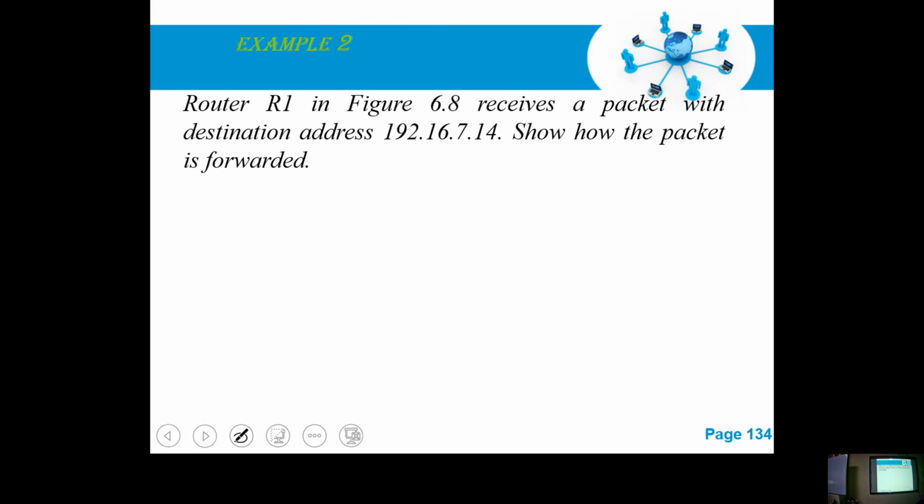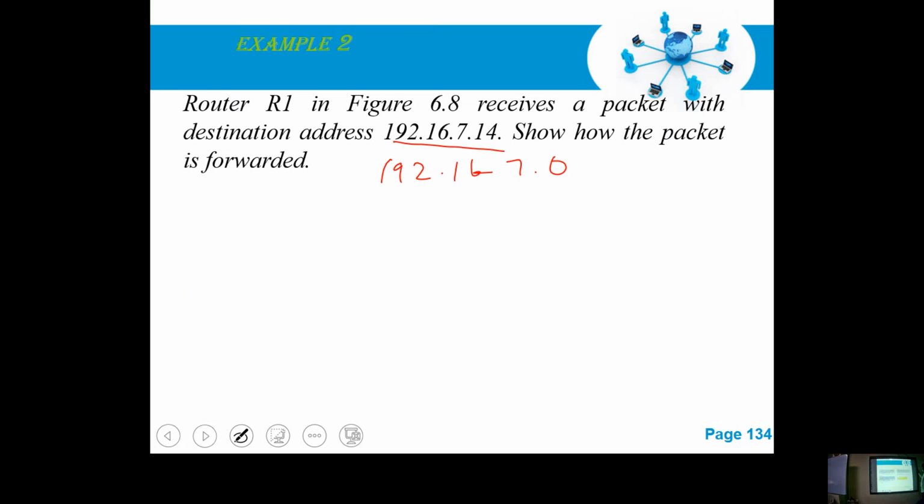Router R1 in the figure, whatever figure we consider, receives a packet with destination 192.16.7.14. Show how the packet is forwarded. First we see from the packet that this is the destination address. What is the class of this? Class C. So what will be the default mask? 255.255.255.0, and the network address will be 192.16.7.0.